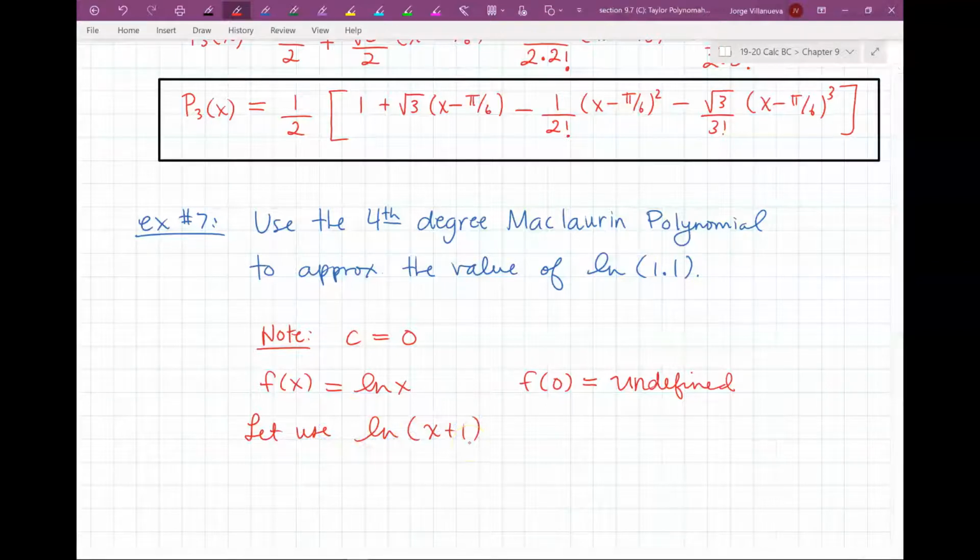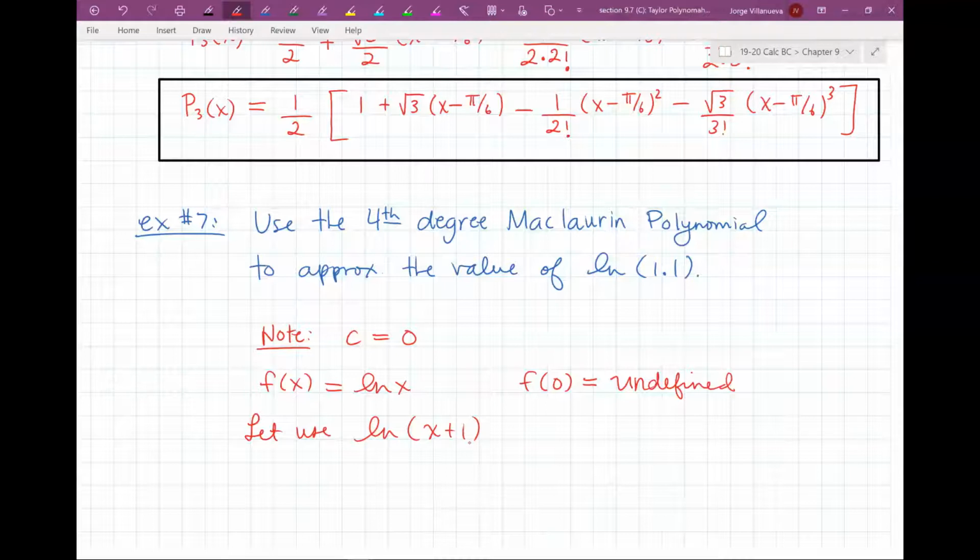Because now if I plug in 0, I get ln of 1, which is 0, right? And that's fine. So if you ever get into that type of problem where you try to plug in a value and it doesn't work, then just change it just a little bit. Keep it in the same family. Don't go from natural log to exponential. Keep it as a natural log. Just manipulate it a little bit.